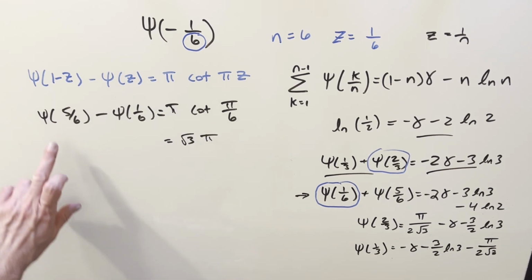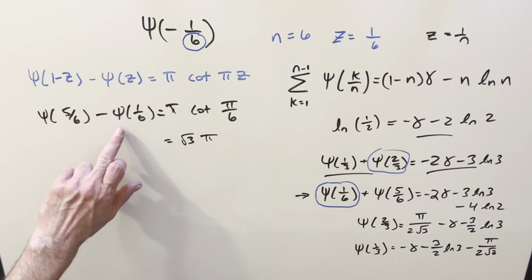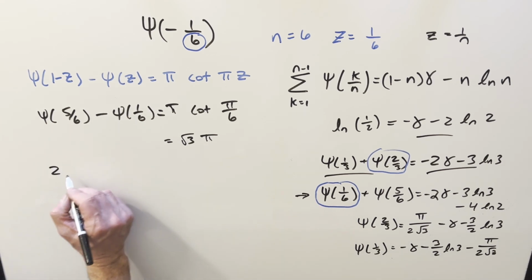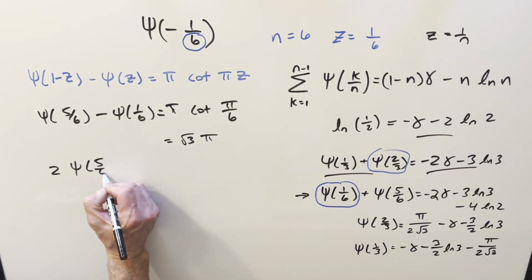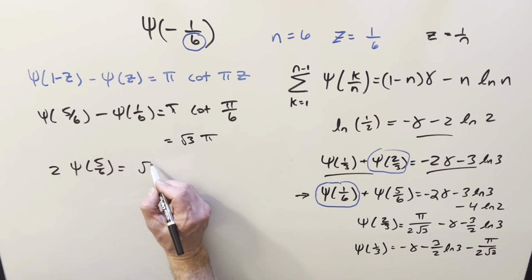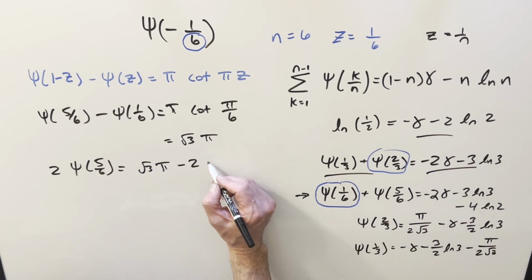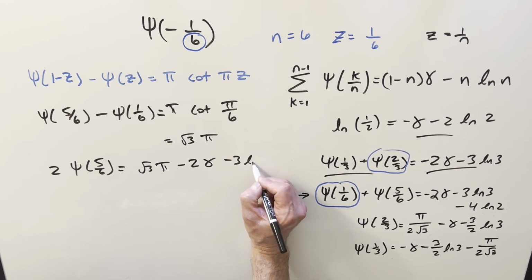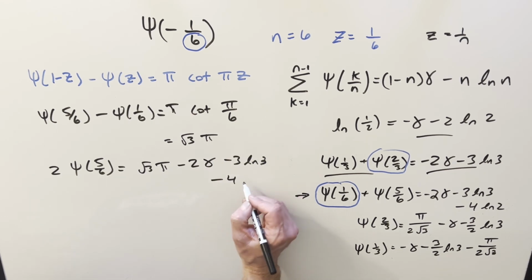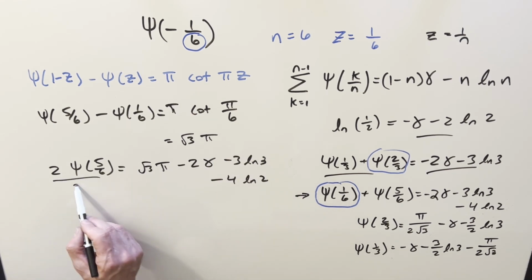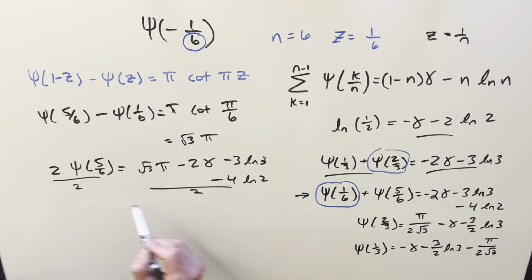Doing the same thing we did before, add this one to this one. Digamma 1/6 cancels, and what we get is 2 times digamma 5/6 equals square root of 3 pi plus all this, which is all negative values, minus 2 constant minus 3 ln 3 minus 4 ln 2. Divide by 2 on both sides, and this is going to be our value for digamma 5/6.